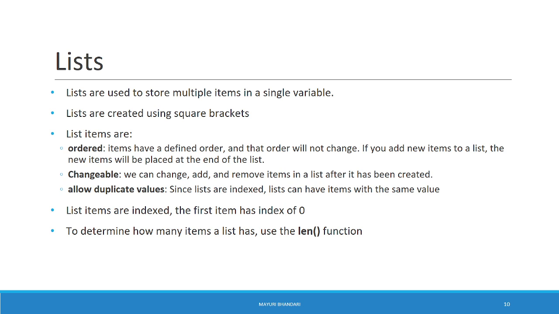Okay, that is one point. Another point is lists are created using square brackets, just like arrays. We will see how to create the list. So first, lists are used to store multiple items in a single variable, and I will add one more point here: of different data types.